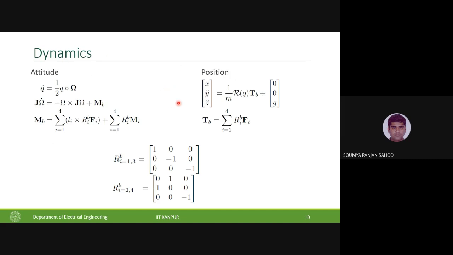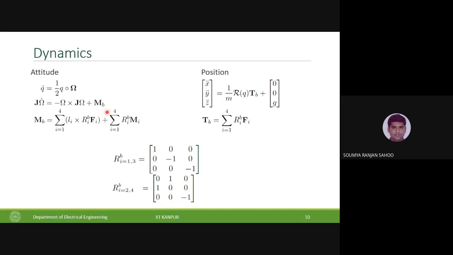Now here you notice the inputs M_B and T_B. They are inputs that you realize in the body frame. T_B is basically the sum of all the vertical forces that you're going to have. R_IB is trying to resolve the components of force needed for generating suitable accelerations in XYZ in this particular model. R_IB for propellers 1 and 3, and for propellers 2 and 4, are as given here.